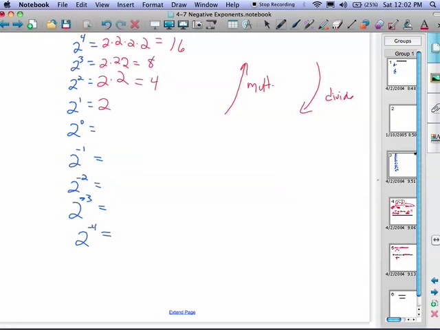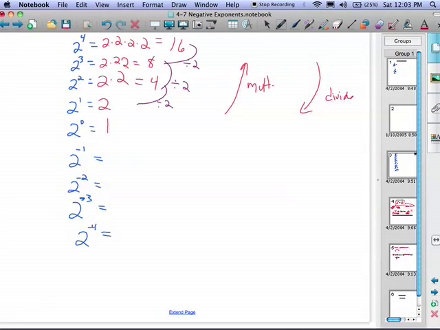And you can see here that to go from 16 to 8, divide by 2. 8 to 4, divide by 2. 4 to 2, divide by 2. You should notice that pattern. You should remember that pattern. Knowing that, what is 2 to the 0 power going to be using this pattern? It's going to be 1, because 2 divided by 2 is 1.